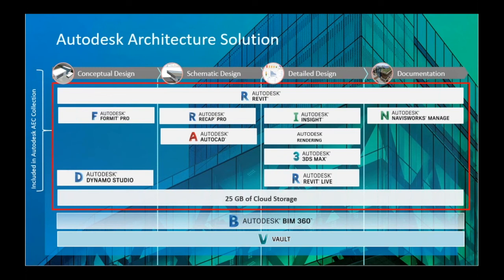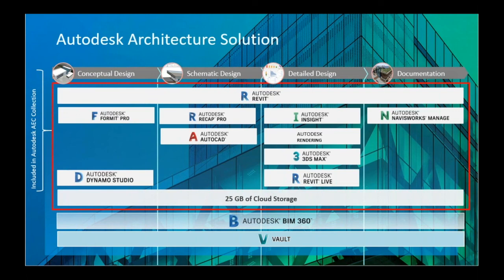Navisworks Managed is used in clash analysis and the 4D side of things. And if you need more than that, BIM 360 is a cloud management tool, and Vault is also a very powerful file, document, process, and asset management tool as well.